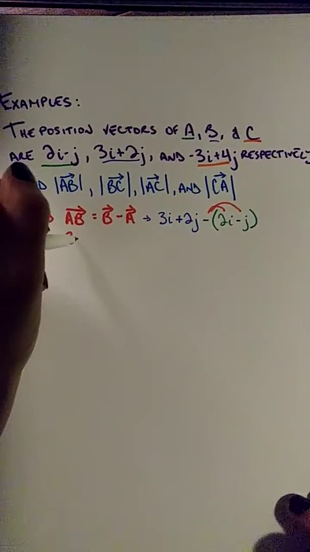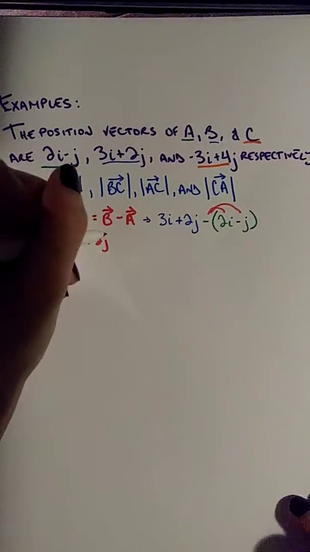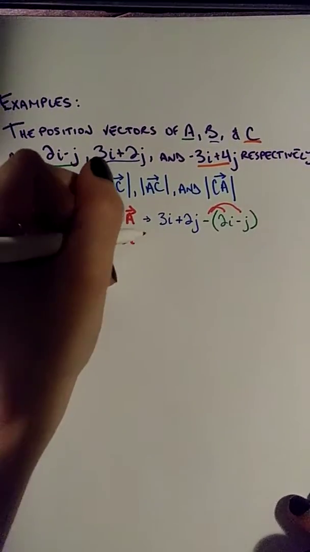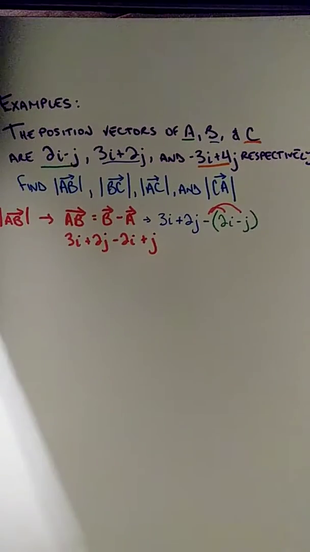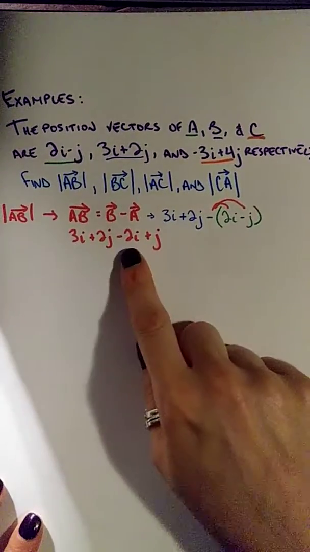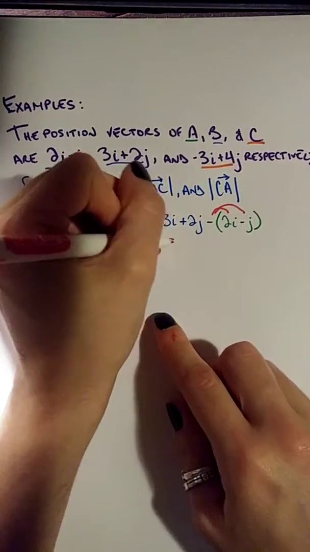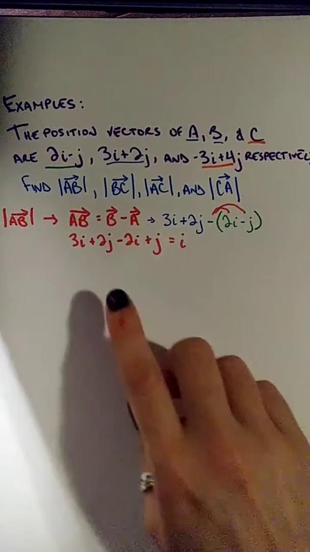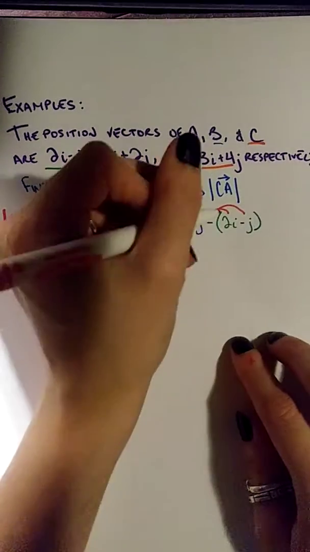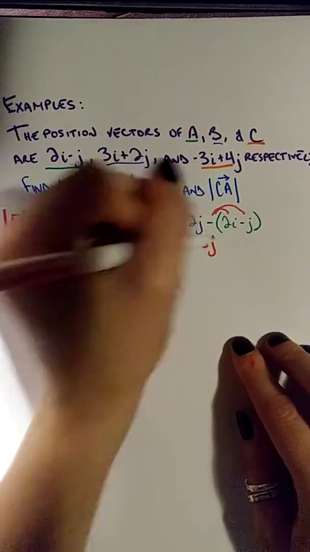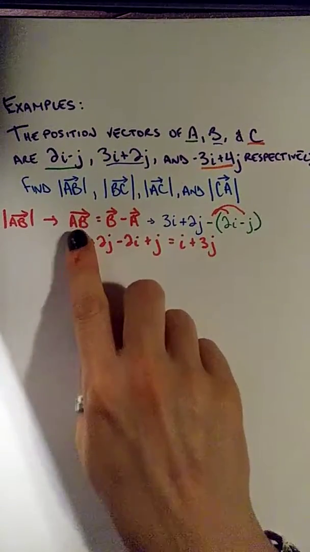So I have 3i plus 2j minus 2i plus j. And if I go ahead and combine my like terms, like I know how to do now, I have 3i minus 2i. That just gives me i for an answer. And I have plus 2j and plus j, which gives me plus 3j. So this is my vector AB.